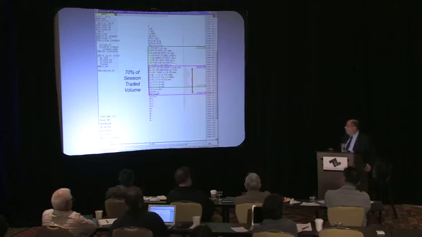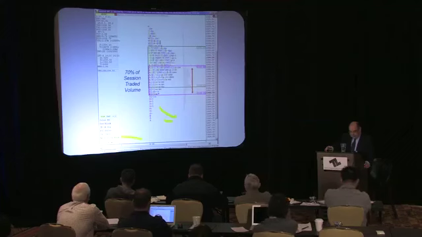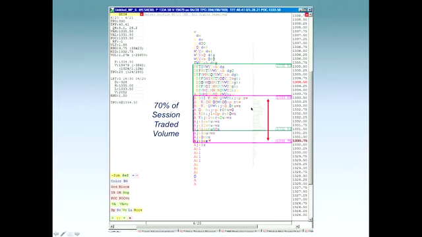Okay. So now we're going to switch gears a little bit, and I'm going to show two other levels from the profile. If you take a look at the profile, if you notice, I have a magenta line here and another magenta line above it, and I have a value area line here and a value area line there.